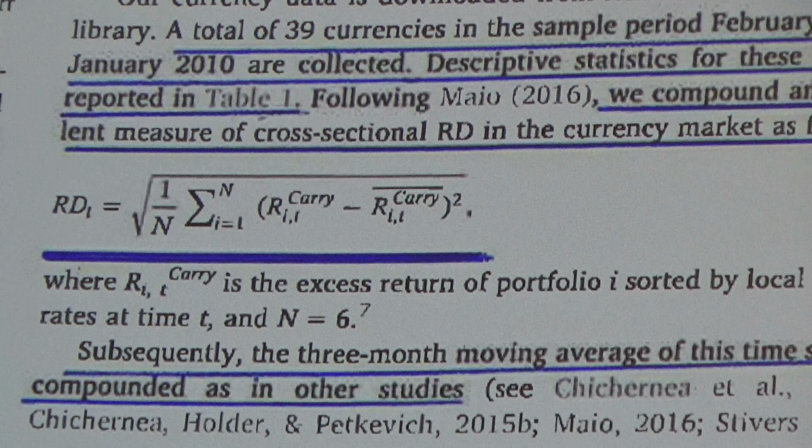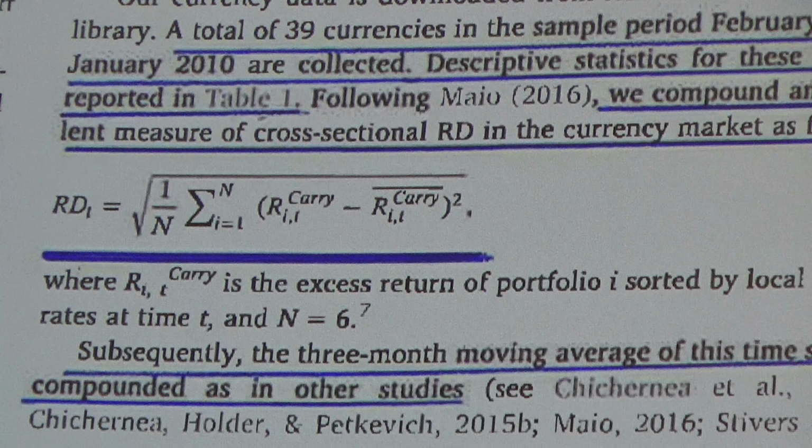So this is nothing else than the formula for a standard deviation. Just now, we don't take it over the time dimension, but over the dimension of portfolios given each point in time.